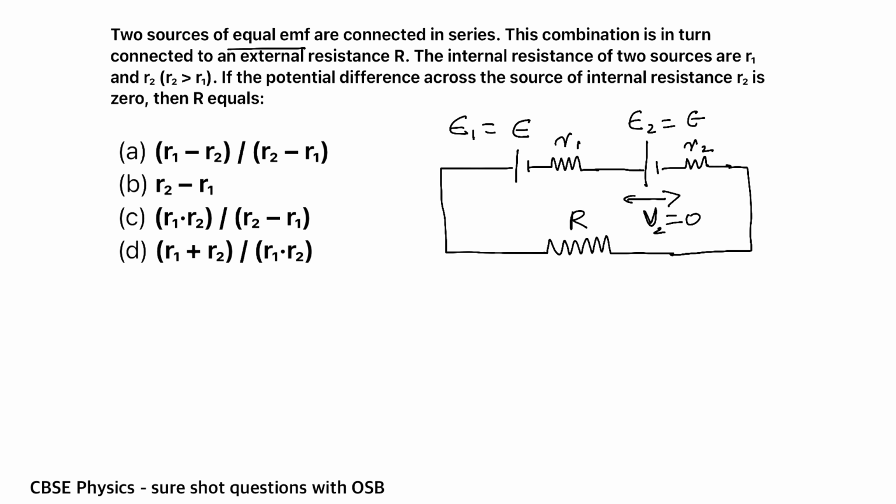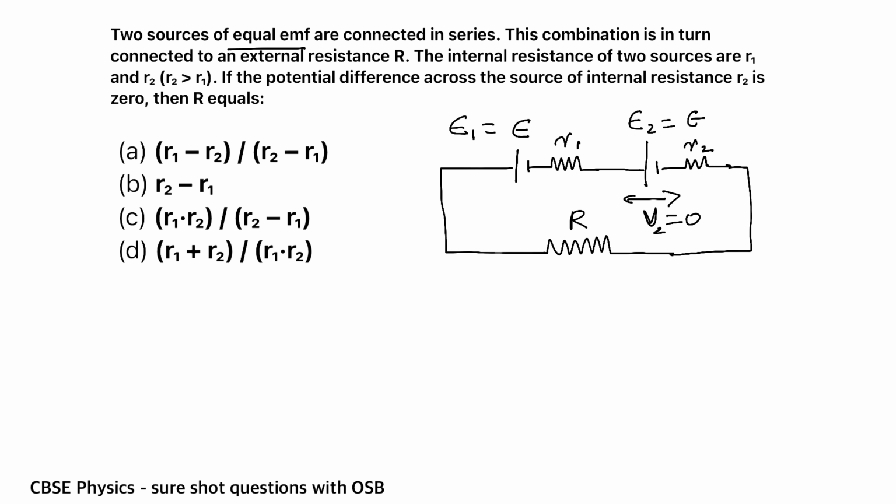That you keep in mind. As per the question, the voltage across the second cell is 0. The meaning is that the entire EMF, E2 or E, of the second cell is completely used to overcome its internal resistance.